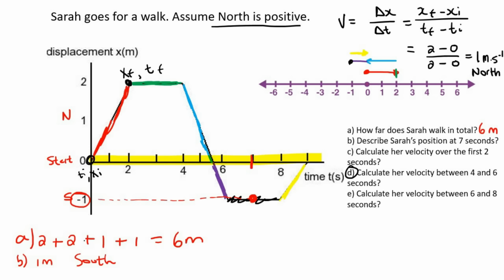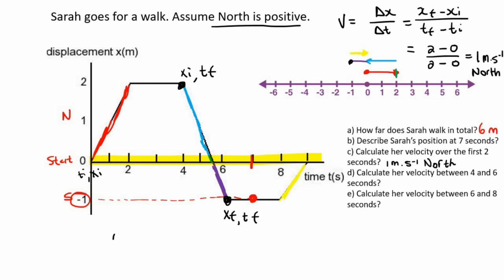Question D says, calculate her velocity between 4 and 6 seconds. So that's from here, let's just get rid of all of that, up to here. So this will be the final displacement and final time, and this will be the initial displacement and initial time. So we'll do that calculation now. V is equal to the change in displacement over the change in time. So that's final displacement minus initial displacement over final time minus initial time.